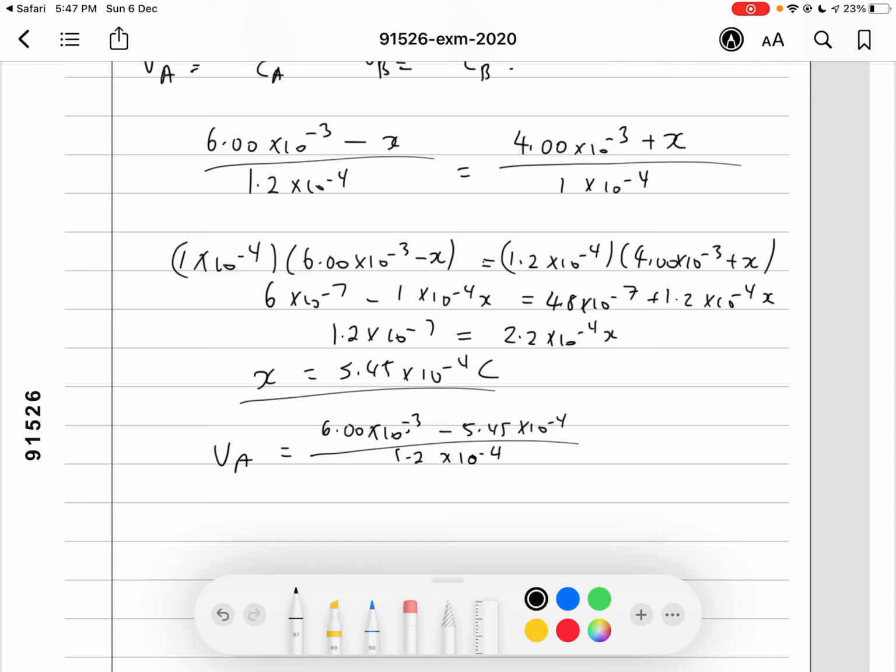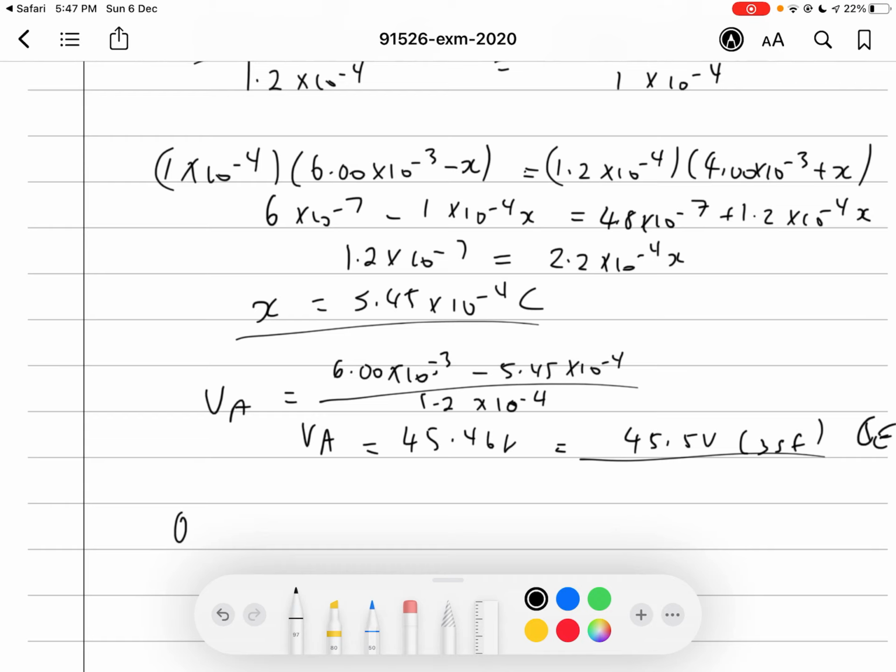Minus 5.45 times 10 to the power negative 4. That gives us a voltage of 45.46 volts, which rounds to 45.5 volts to 3 significant figures. So that's the answer given. We showed it, so QED there. We've shown this is true.